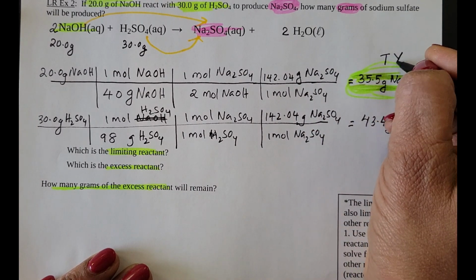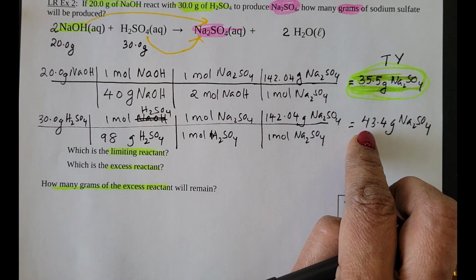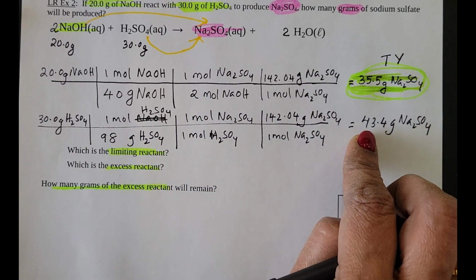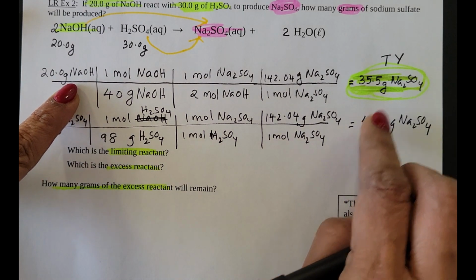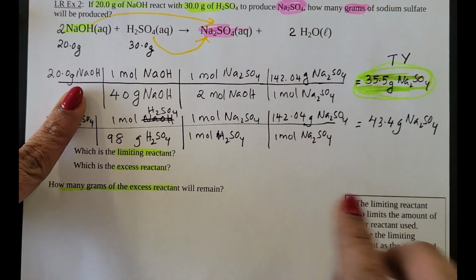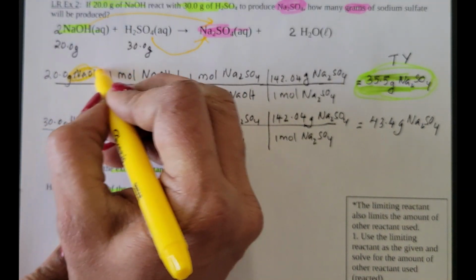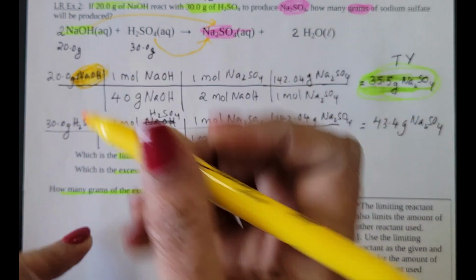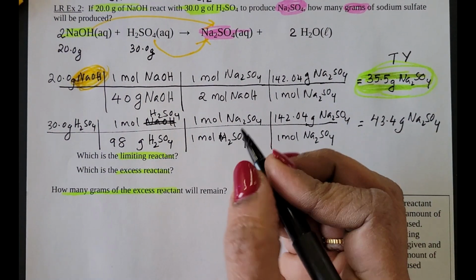You can produce only this much, even though sulfuric acid can produce this much, because this reactant is the one which limited the amount of product. So we will call sodium hydroxide the limiting reactant, because that is the one that runs out first.